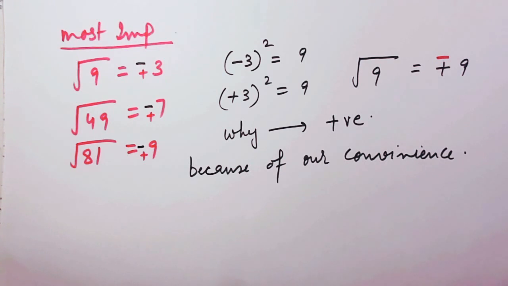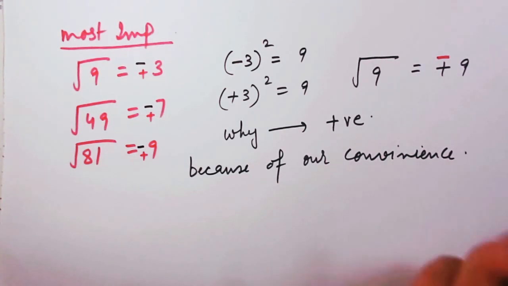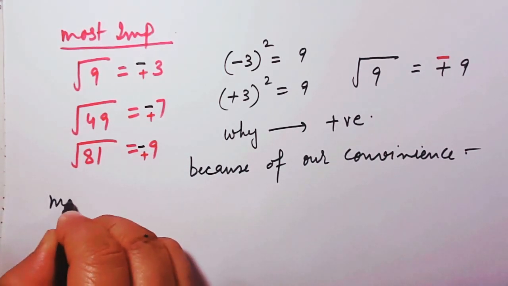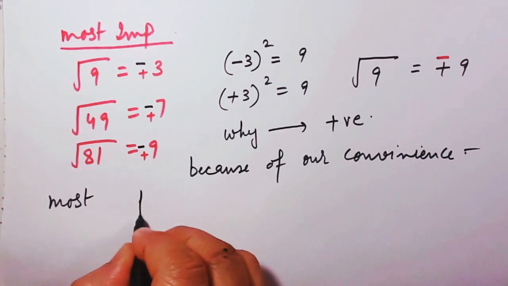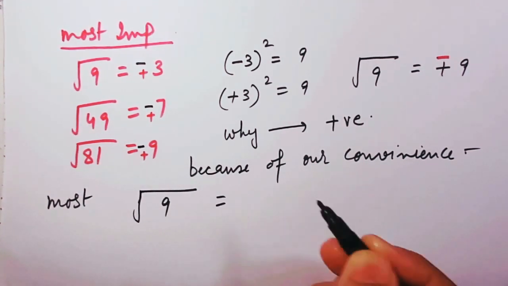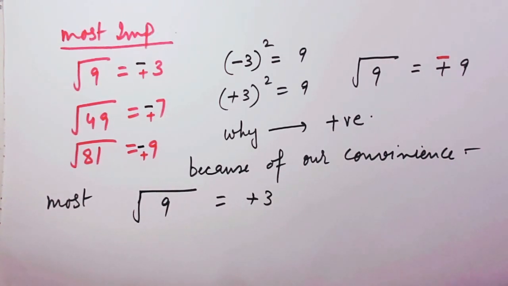Because if the answer demands a positive value, we take the positive. If the answer demands a negative value, we take the negative value. I hope this was very loud and clear. Now, again, one most important thing is you can find the square root of 9 as plus 3 or minus 3.